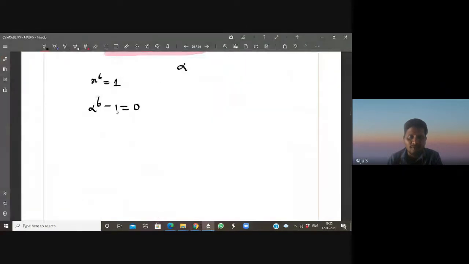So alpha power 6 minus 1. Shall I write 1 as 1 power 6? Simply remember here, whenever the formula is like this, students, this can be written like the x cube minus a cube formula, x minus a into like that.